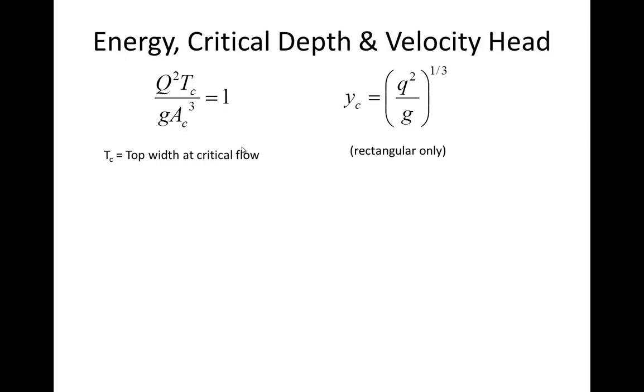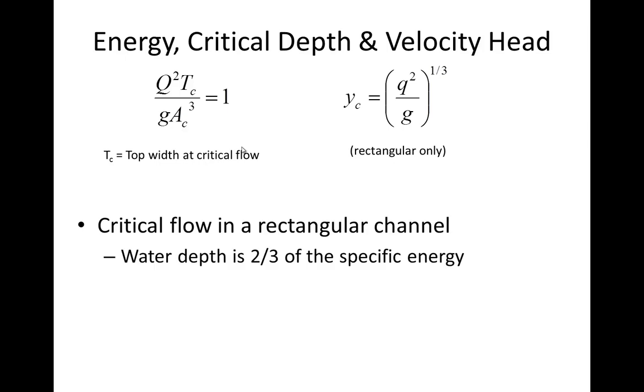For a rectangular channel, we can find the critical depth just as a function of the flow per unit width. There's an interesting observation about minimum specific energy: in a rectangular channel, the water depth is 2/3 of the specific energy under critical conditions.